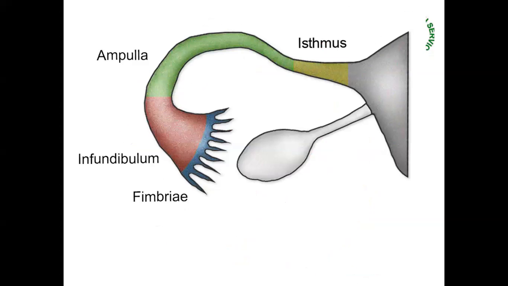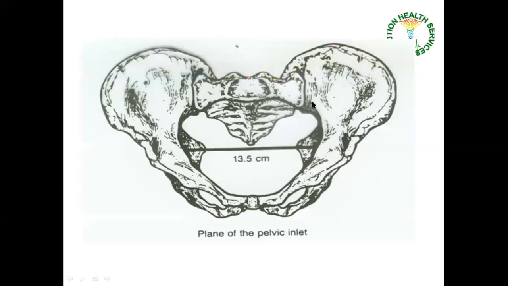This picture shows the different parts of the fallopian tube: this is the ovary, this is called the fimbria, infundibulum, and this is called the ampulla, right? Isthmus, and this is the body of the uterus. And here is showing the pelvic bone.